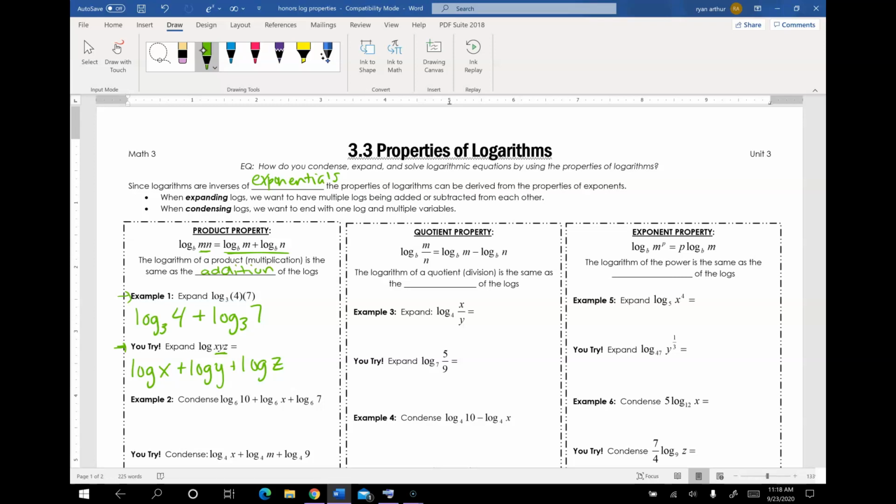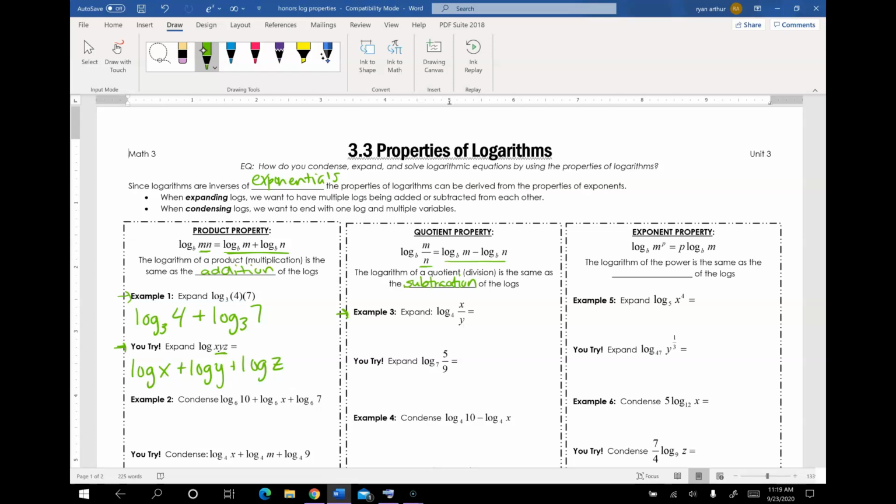All right, so the quotient property, that's going to be your division. So if you're dividing some things, you can expand it to subtraction. So the logarithm of a quotient, which is division, is the same as the subtraction of logs. Okay, so if you look at example 3, it's saying log base 4 of x divided by y.